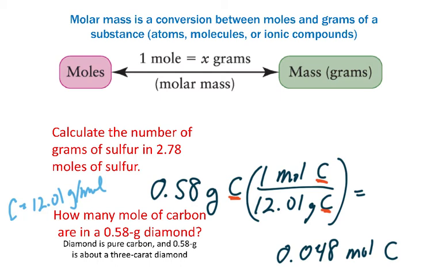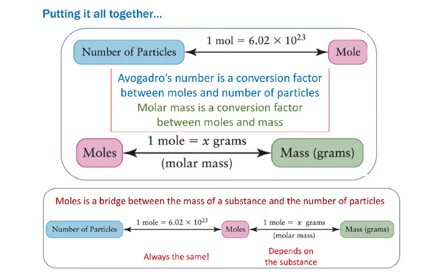Okay, so we've done a couple different things here that we can now put together. Putting it all together, we have a relationship between the number of particles and moles, which is Avogadro's number. And then we also have a relationship between moles and mass, which is the molar mass.